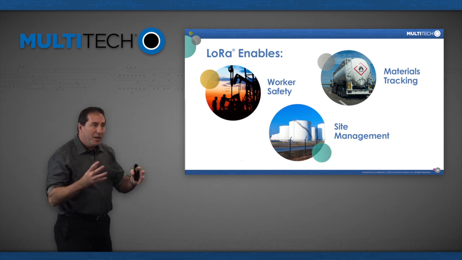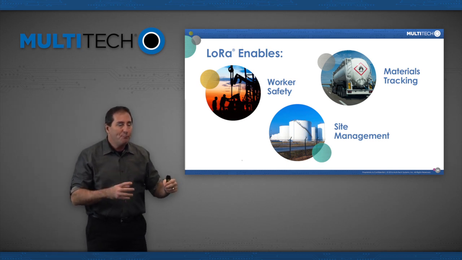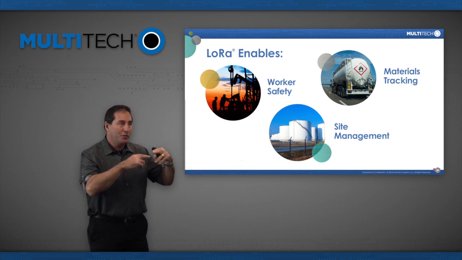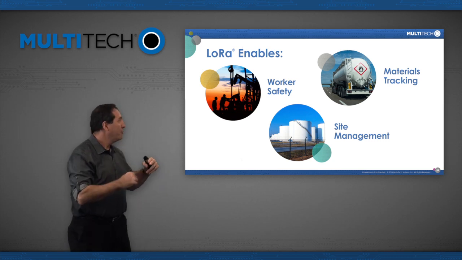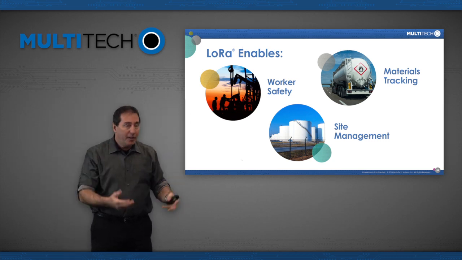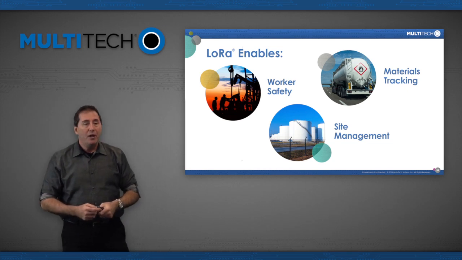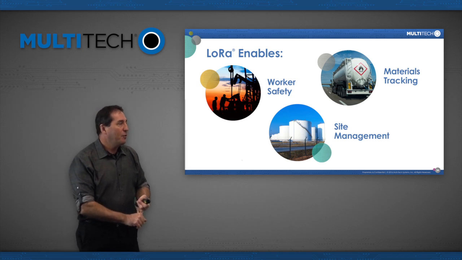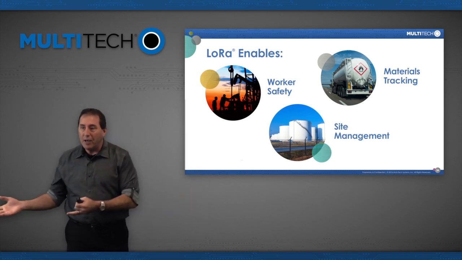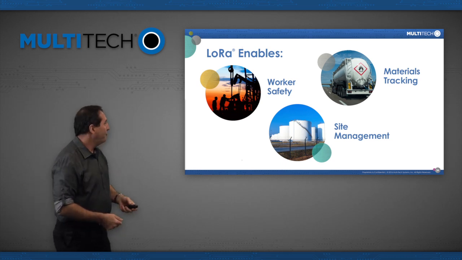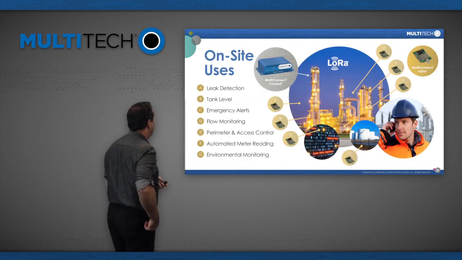So site management is more than just saying, is the tank empty or full? Is that tank going to cause something catastrophic? In addition to that, there's materials tracking. Where is my propane? Where is my oil? Is it moving around? Is it in a truck? Is it in a tank? So there's a lot of things that are enabled by LoRa.